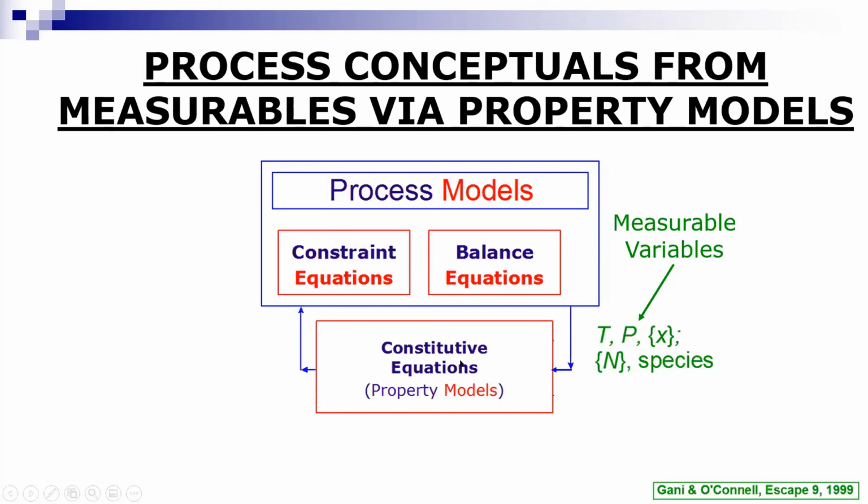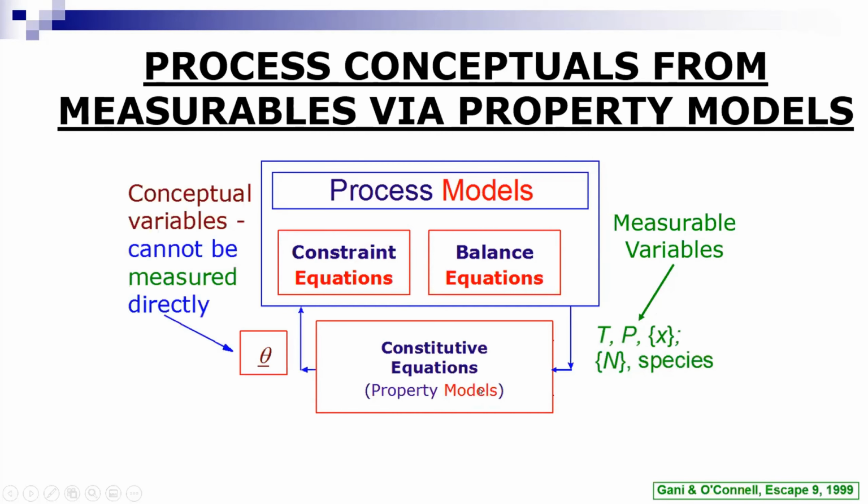And these go into constitutive equations, which we would call property models. And the result will be the conceptual variables, which you can't measure directly, but they are the ones that actually appear in the constraint equations and the balance equations. So that's why property models are necessary. And while the balance equations and the thermodynamics are always true, property models are only sometimes true. So here are some property models.